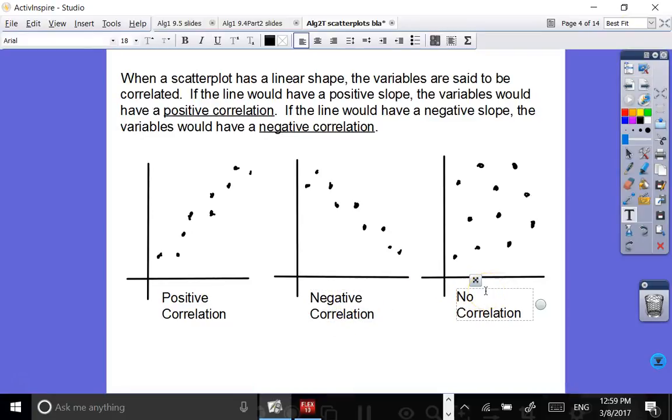So if your points look like they're kind of around a straight line, and that line would have a positive slope, that's called a positive correlation. If it looks like they conform closely to a line, and it has a negative slope, that's called a negative correlation, right? And if it's just like a random field, that would be no correlation.